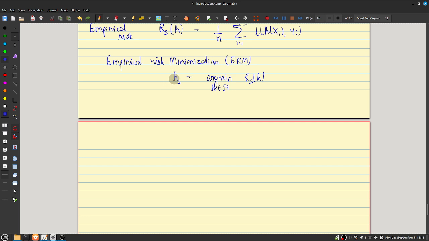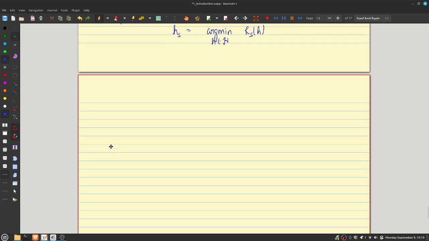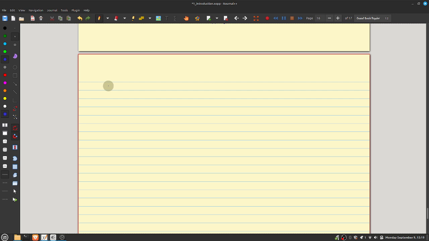It tells you how well a particular h performs, but it doesn't tell you, for example, if empirical risk minimization is good or not. So in order to characterize that, we will use the so-called PAC framework, or the probably approximately correct framework.